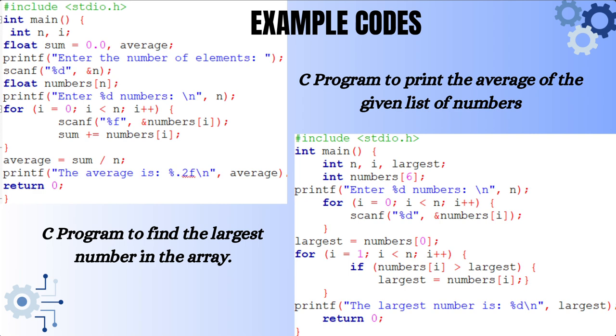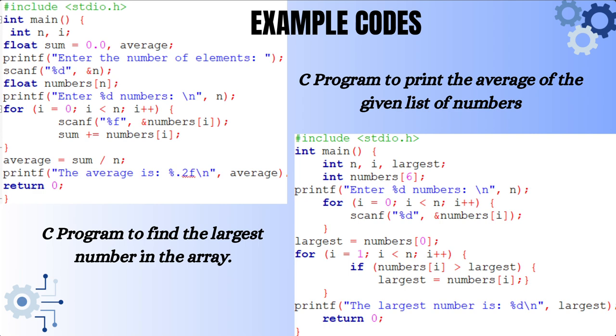Now we will use another loop which will start from the first position. At the 0th position is 65. It is completed. So now we have to go to the first position. So the loop is starting from 1. i equals 1, i less than n, i plus plus. If numbers at the ith position is greater than largest, then largest equals numbers at the ith position.